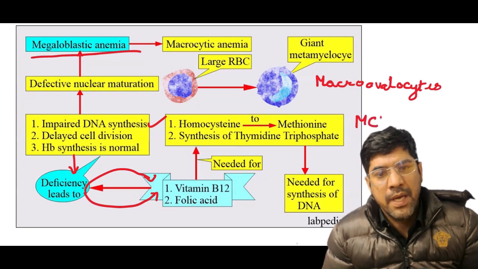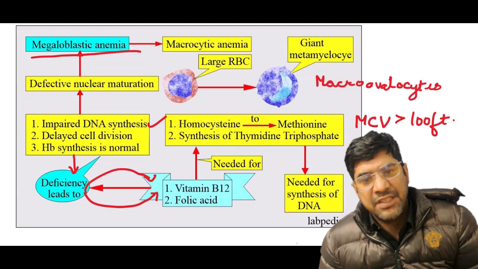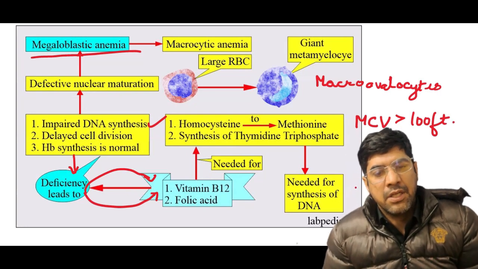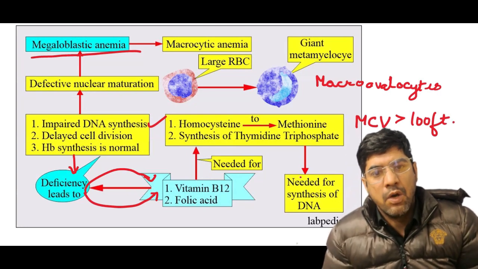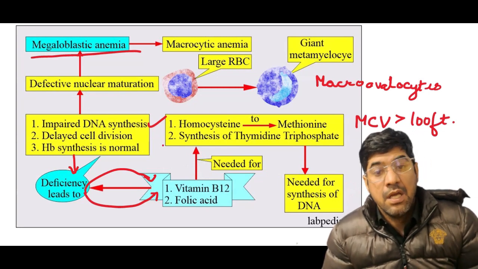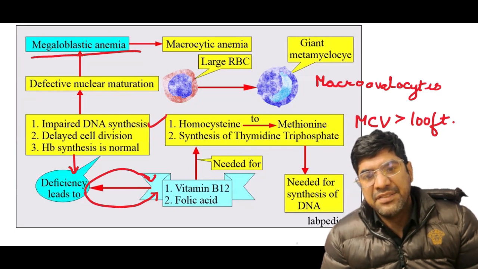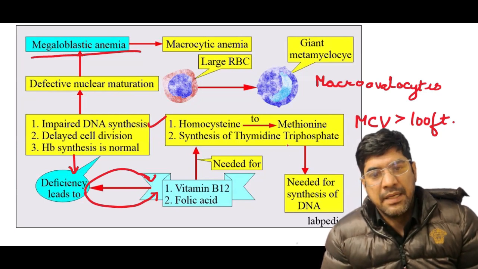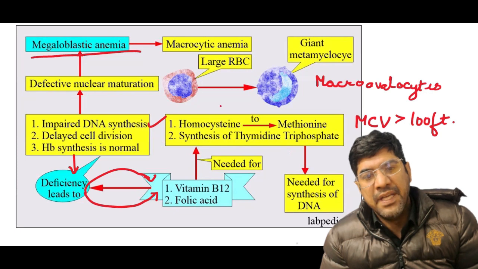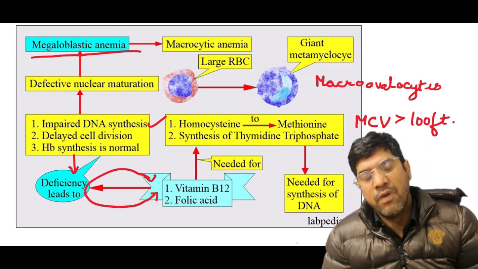In the bone marrow, you will see an increase in red blood cell production, that is erythroid hyperplasia, along with the megaloblastic changes. The megaloblast is a distinctive abnormal cell seen in these conditions that results from the hindered formation of DNA caused by deficiency in vitamin B12 or folic acid.